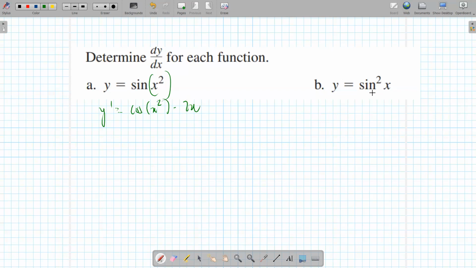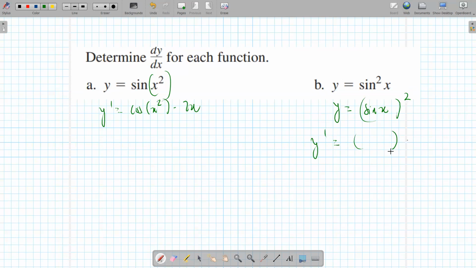This one's a little bit complicated. Sine squared x means, okay, I'm not finding the derivative, I'm just rewriting it. Sine squared x basically means sine x whole squared, like that. So this is actually a power rule question. You want to have a go at it? First, use the power rule by bringing the 2 down, and then you have to multiply it by something as well.